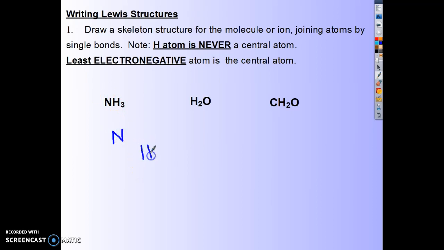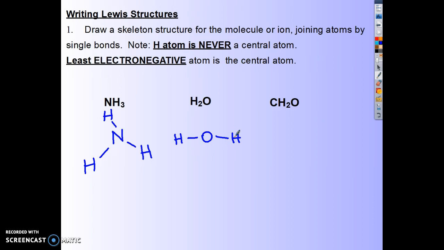So let's put the other 3 hydrogens around it, and we're going to connect them with single bonds. That's what I mean by calling it a skeleton structure. For the next one, oxygen will go in the center because it's not hydrogen, and our 2 hydrogens will be connected to it on either side.